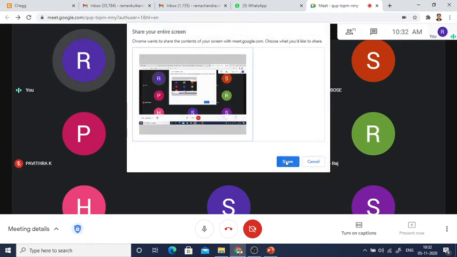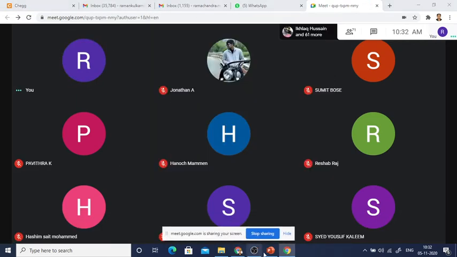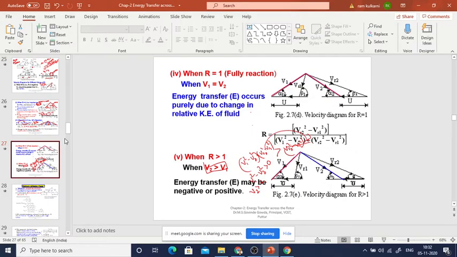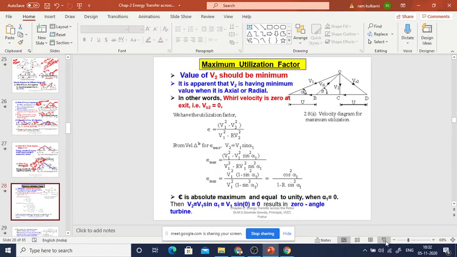Okay, next I will start with the degrees of reaction. Next, coming to maximum utilization factor for impulse turbine.